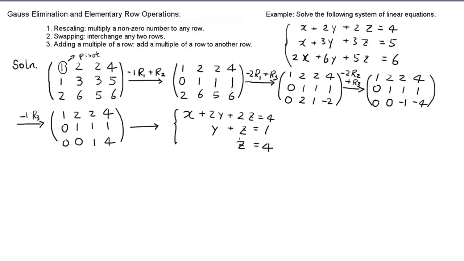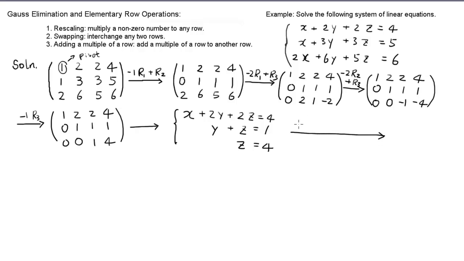Okay. Now, because we only used 3 kinds of elementary row operations, this new system has exactly the same solution set as the older one. So now we can solve this system easily because we can use the so-called backward substitution method to solve for all the variables.